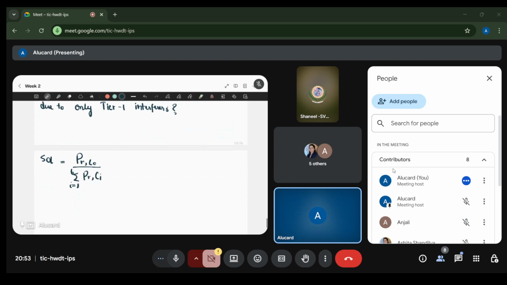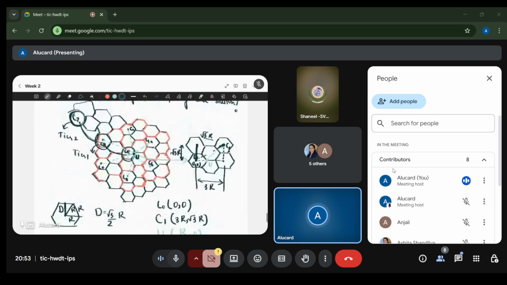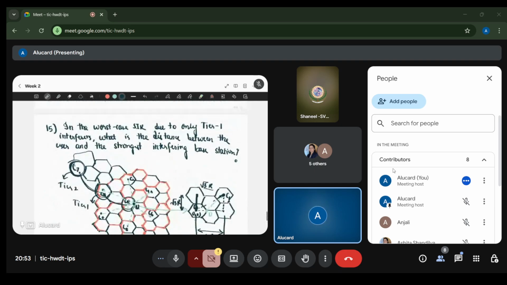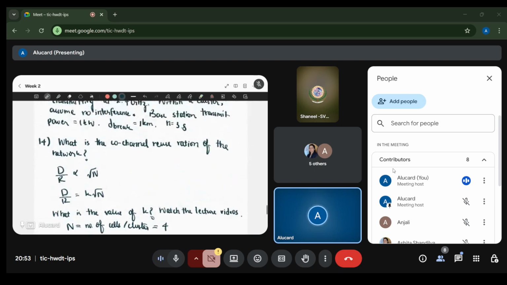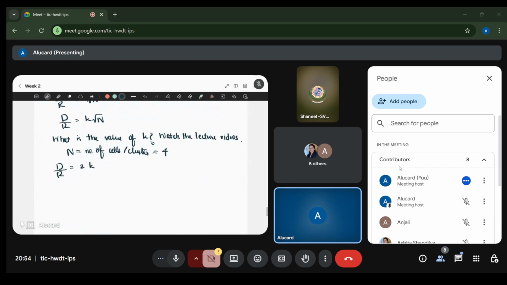Now, since the distance will be greater than d break for all of them, because the cell radius is 1.2 kilometers and d break is 1 kilometer, all the base stations are at a distance greater than d break.